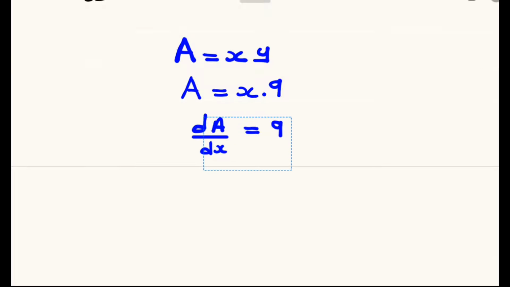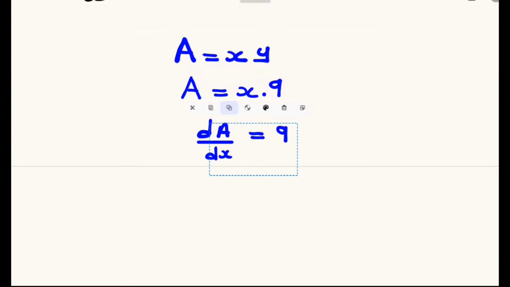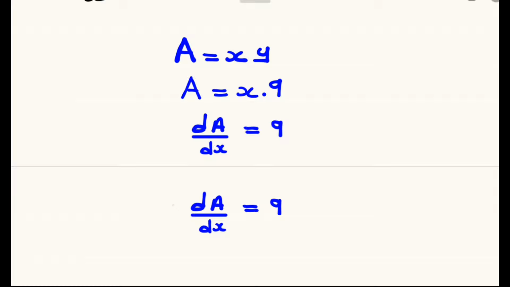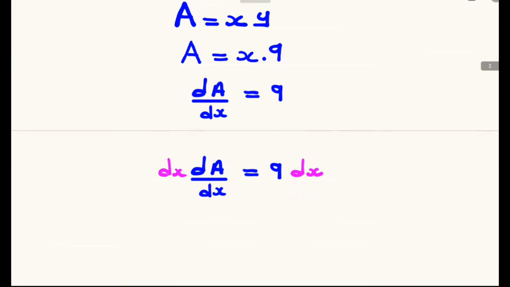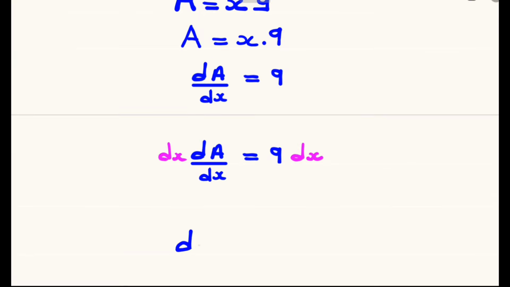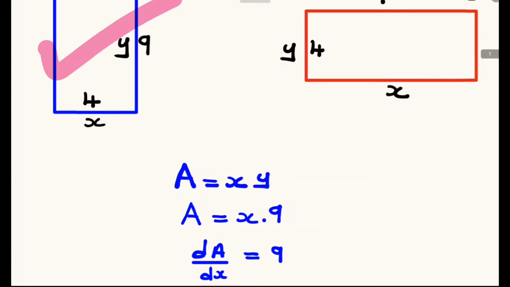We multiply both sides of the equation by the dx, and on the left hand side, the dx and the dx will cancel out, such that dA, the area element, will be equal 9 multiplied by dx.